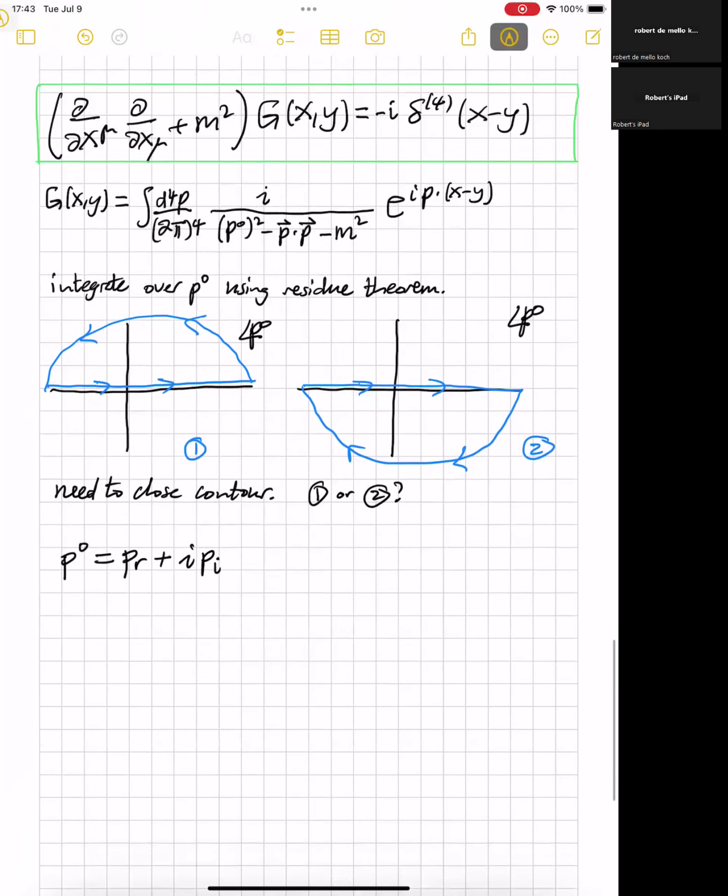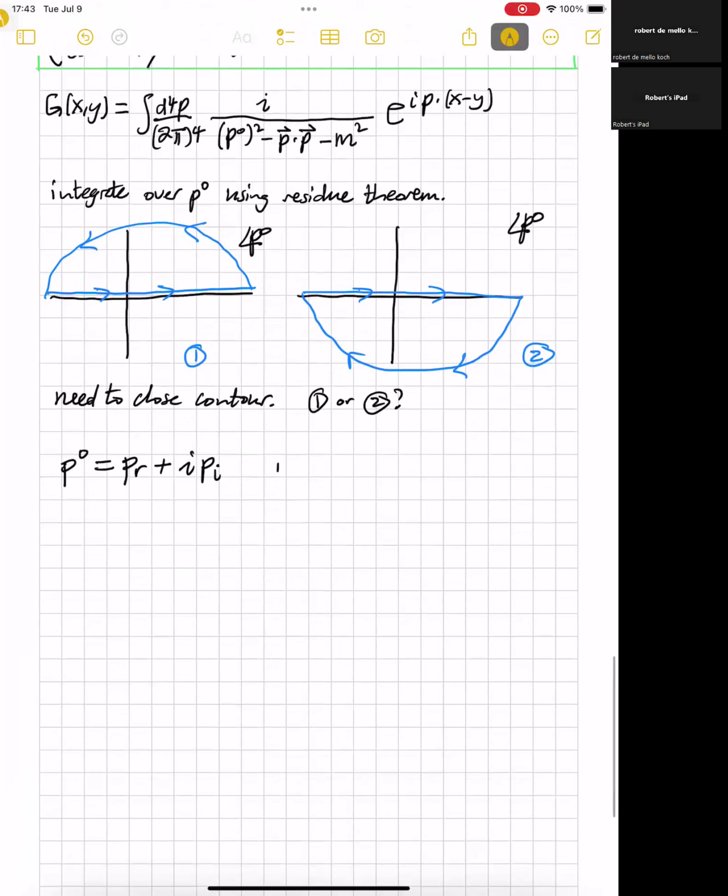And the difference between 1 and 2 is that on path 1, the imaginary part is greater than 0, whereas on 2, the imaginary part is less than 0. So the difference between paths 1 and 2 is in the sign of the imaginary parts.